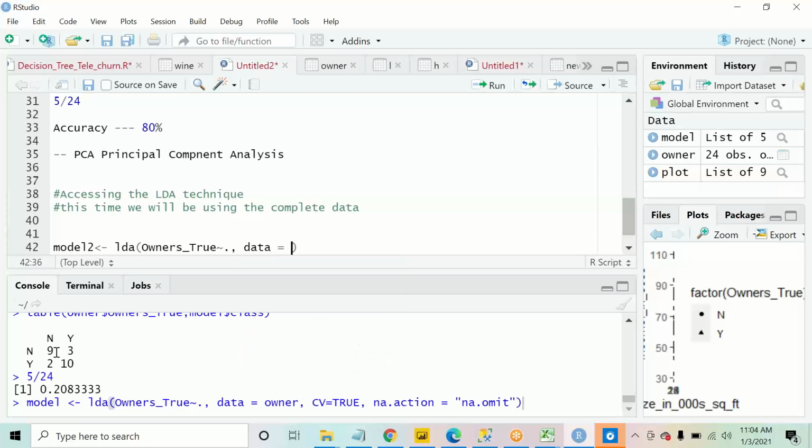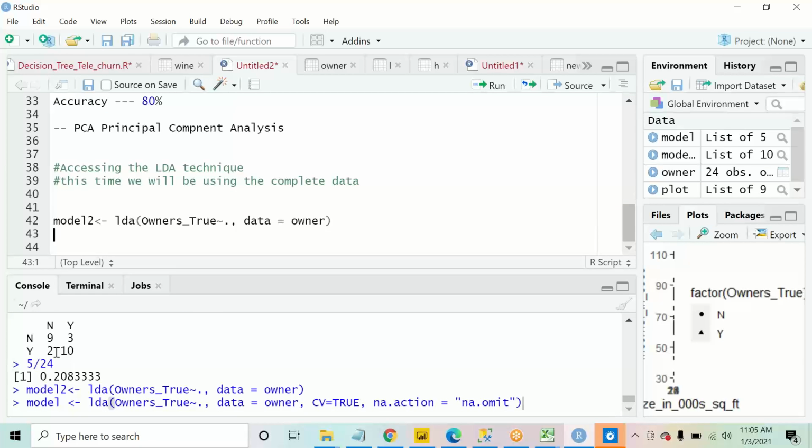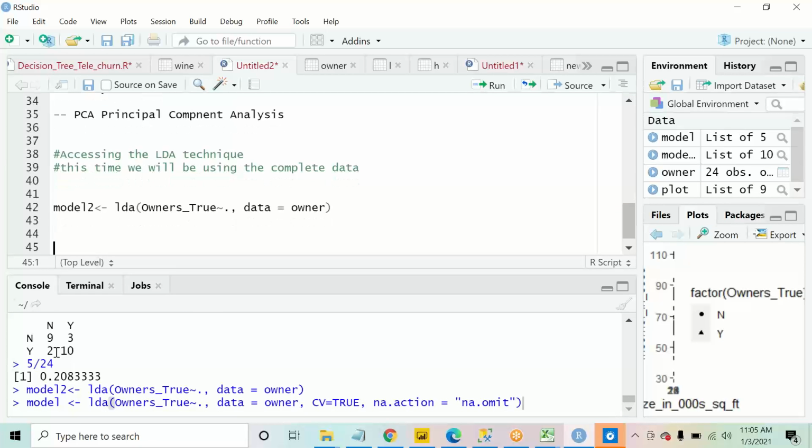The data that I'm using is owner data, right? That's it. So I will not apply the CV equals true cross validation technique. My model is created. Let us now predict the results.